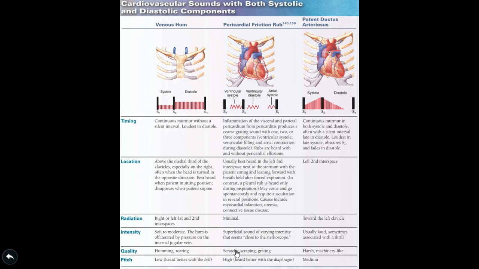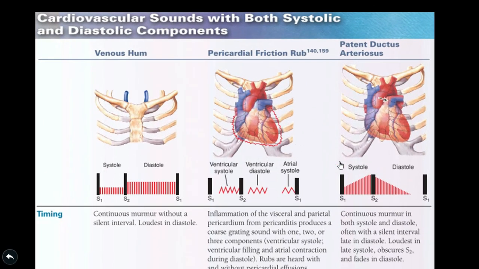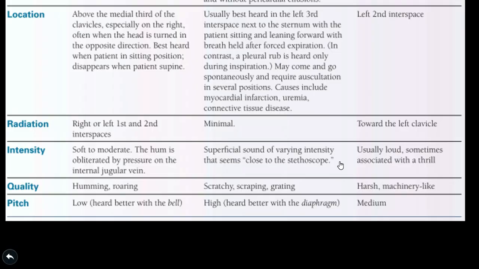For friction rub, they are usually scratchy, scraping, grating. But for the PDA, usually harsh or machinery-like, best appreciated at the left second intercostal space. So remember again that the second intercostal space is the site for the pulmonary artery, where there's a connection of pulmonary artery to descending aorta.